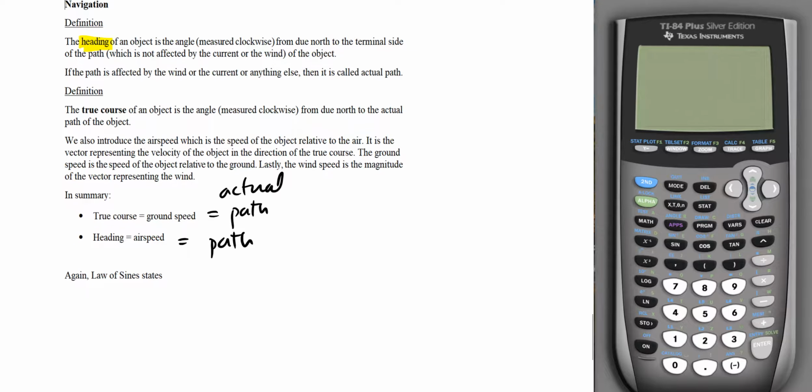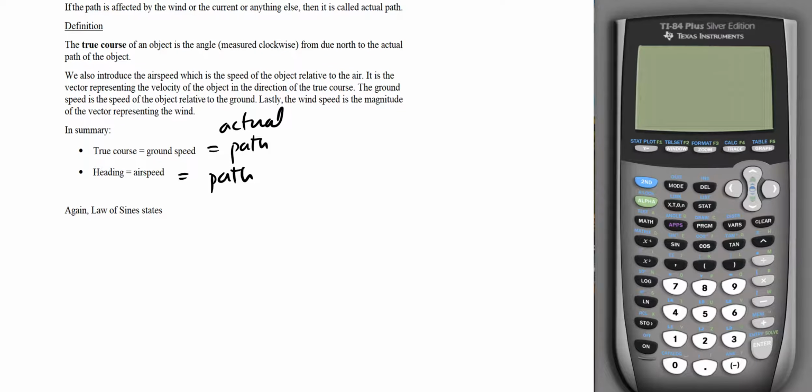So let's see graphically what that means. I also want to recall the law of sines, which states that sine A over A equals sine B over B equals sine C over C.